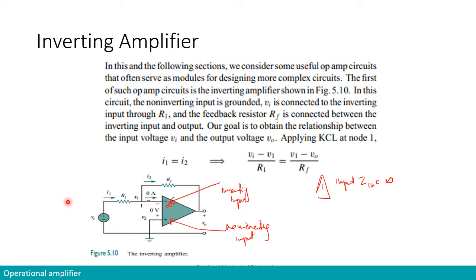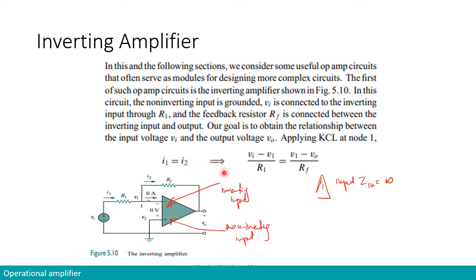By Ohm's law, it is VR1, the voltage across R1, divided by R1, and the voltage across R1 is the potential difference between Vi and V1. So I1 is Vi minus V1 divided by R1.